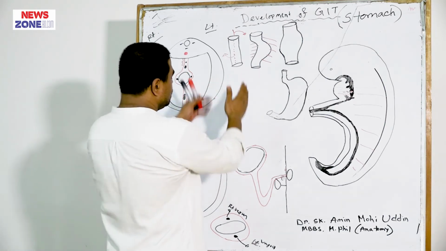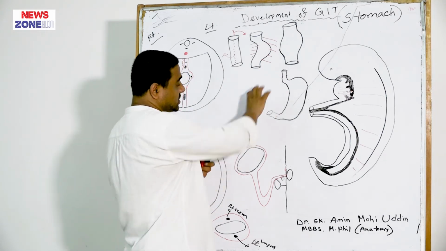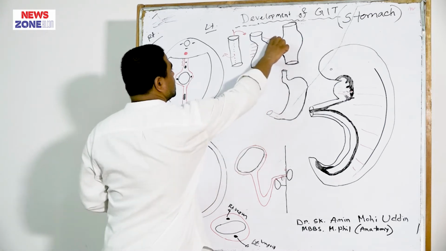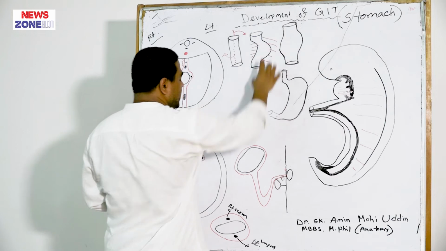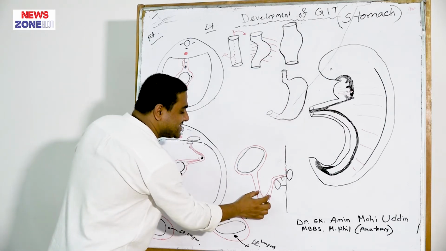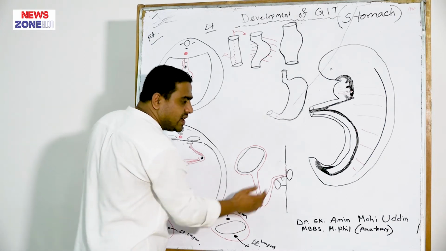When the stomach rotates around the anteroposterior axis, the dorsal mesogastrium, here is the dorsal mesogastrium from the stomach, actually hangs down and forms a double layer sac extending over the intestinal loop and the transverse colon.